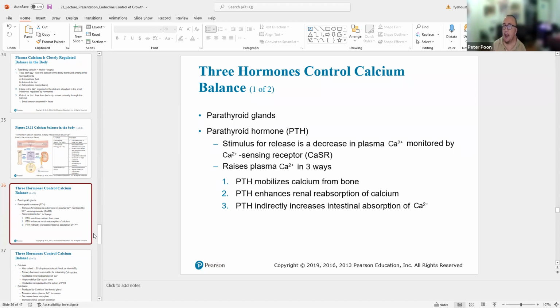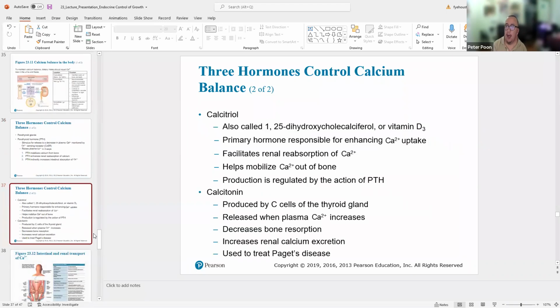You can take it out of bone, you increase renal reabsorption of calcium, and increase intestinal absorption of calcium. Calcitriol and calcitonin.